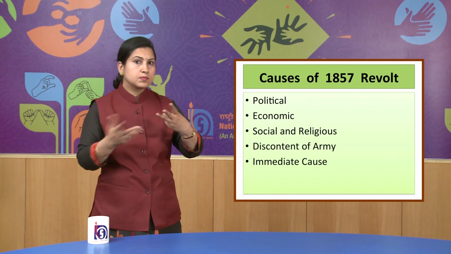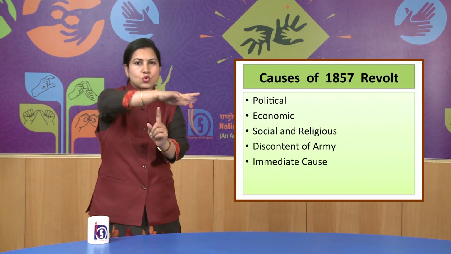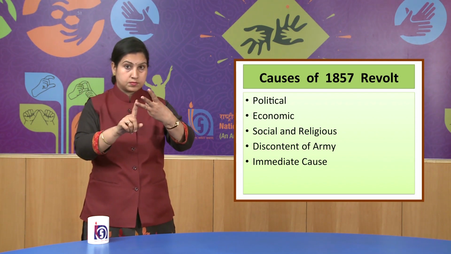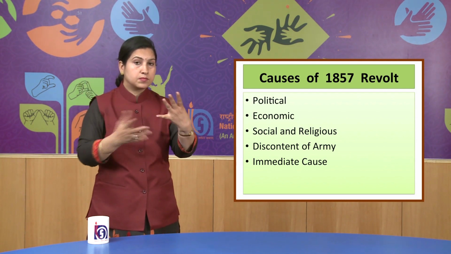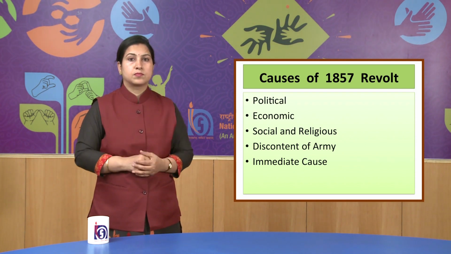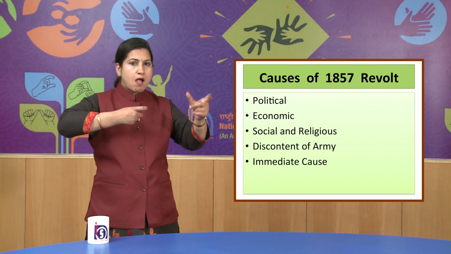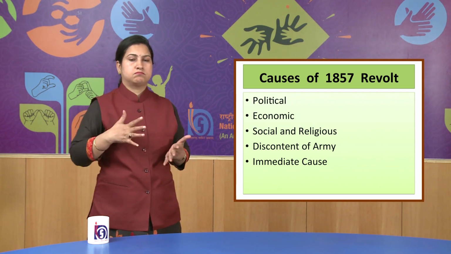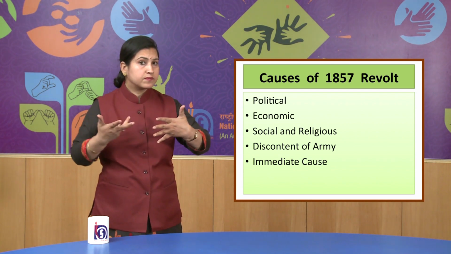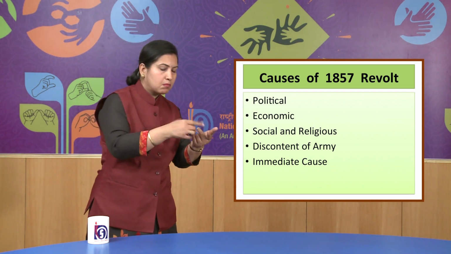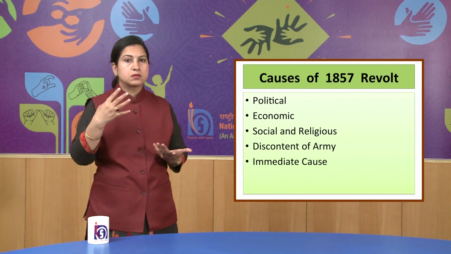The third cause was social and religious cause. The fourth cause was discontent of army. And the fifth cause was the immediate causes, the immediate reasons.